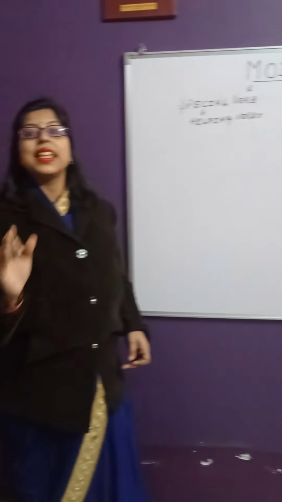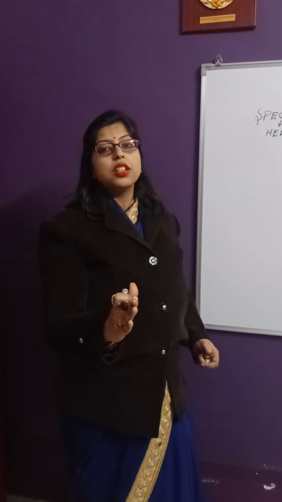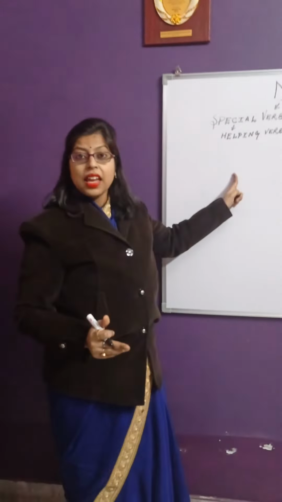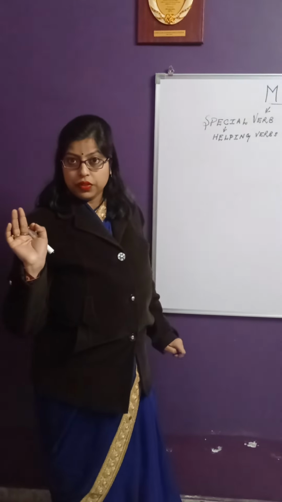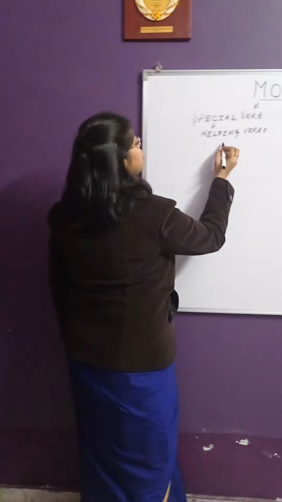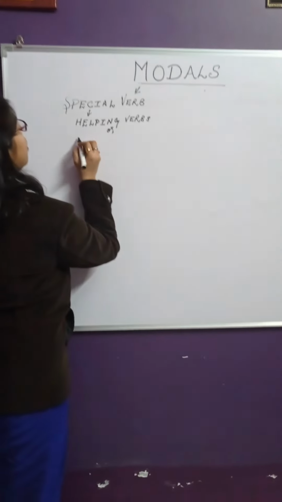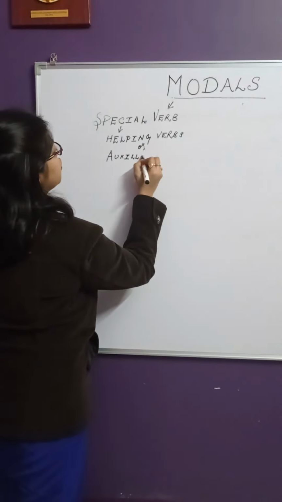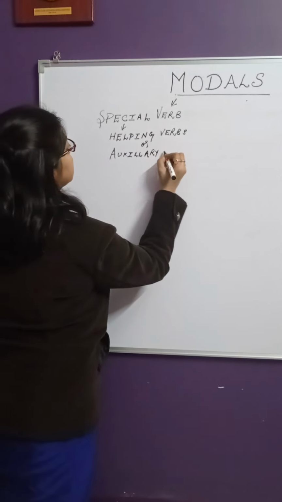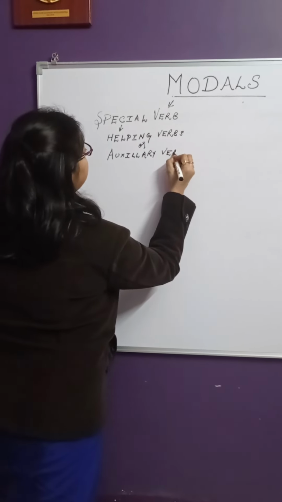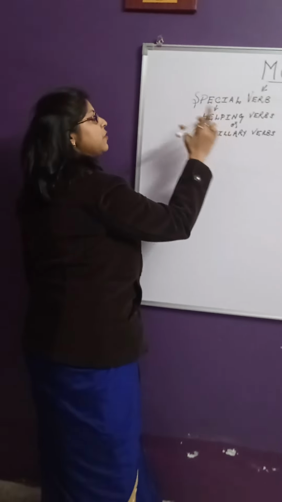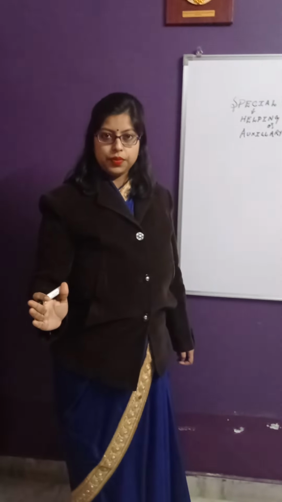Helping verbs because they add additional information to the function of the verb, and they also tell the tense of the verb. You can also call them auxiliary verbs. So you have three names now: modals, special verbs, helping verbs, or auxiliary verbs.